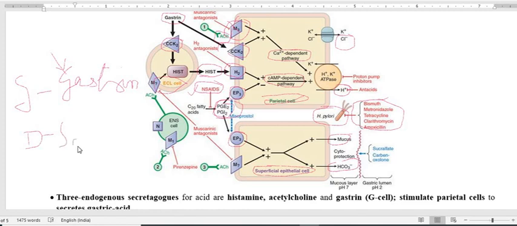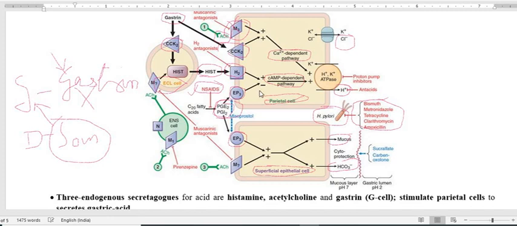Somatostatin is the hormone which is produced by the cell we call the D cell. So the D cell releases a hormone, we are calling it somatostatin. Somatostatin acts on the G cell to inhibit the release of gastrin. This is one important function. Somatostatin also has its receptor on the parietal cell, and therefore it also participates in inhibition of acid.